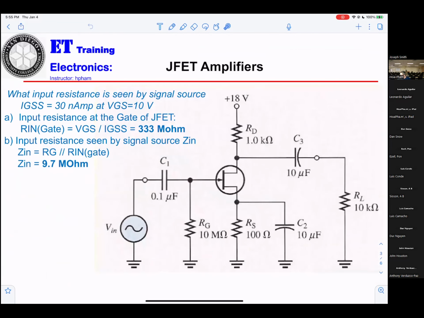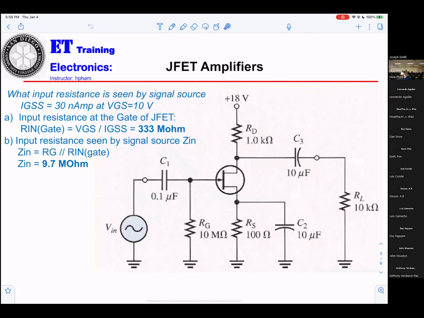Okay, the next one. What input resistance is seen by the signal source? IGSS 30 milliamp. Okay, VGS equal 10 volts. Input resistance at the gate of the FET is calculated by VGS divided by IGSS, you get 333 mega ohm.